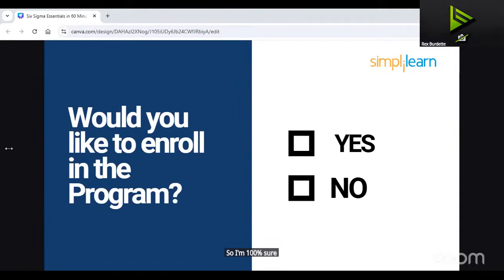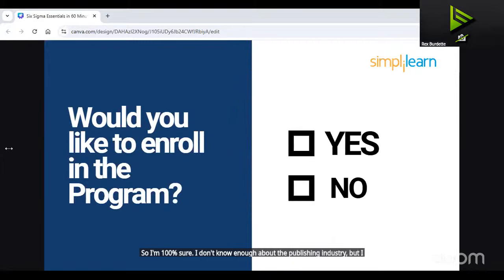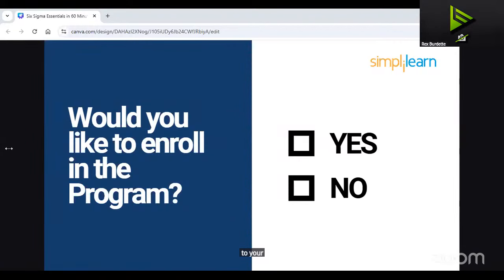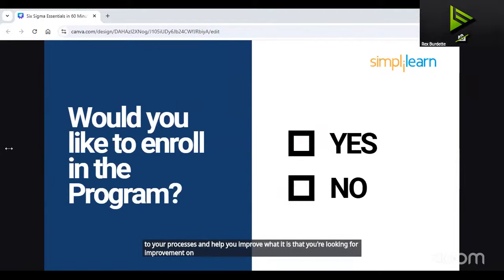I don't know enough about the publishing industry, but I do know you have processes, and that's the key. If you have processes, we can break them down and then look at them and apply those Lean and Six Sigma processes to your processes and help you improve what it is that you're looking for improvement on.